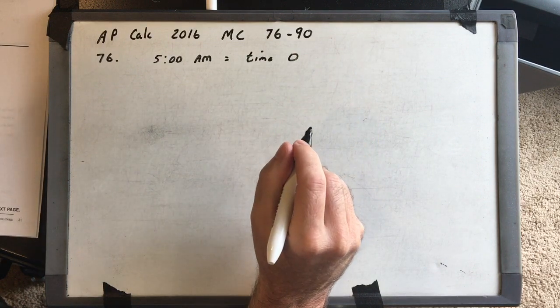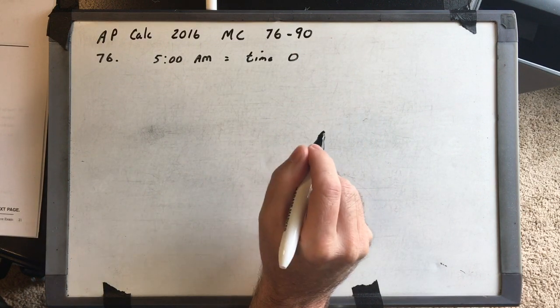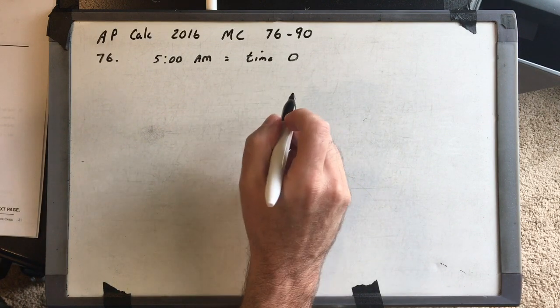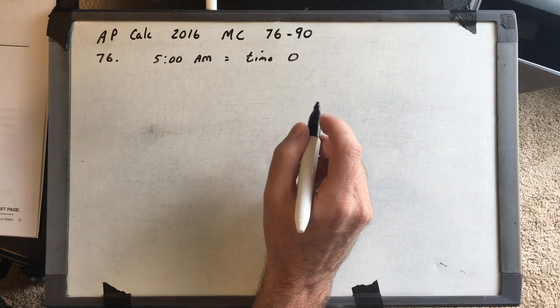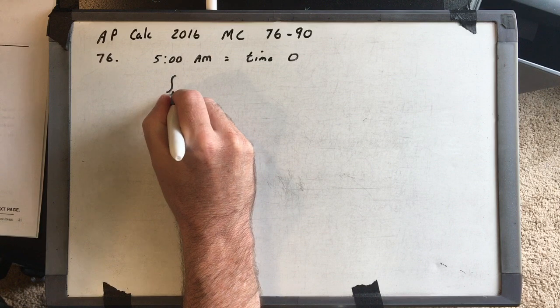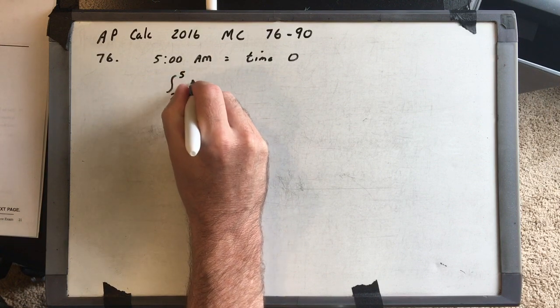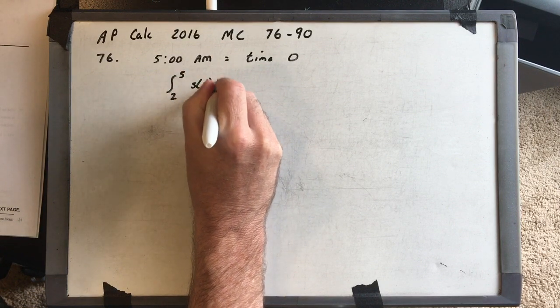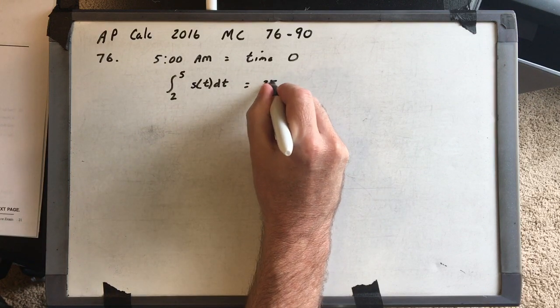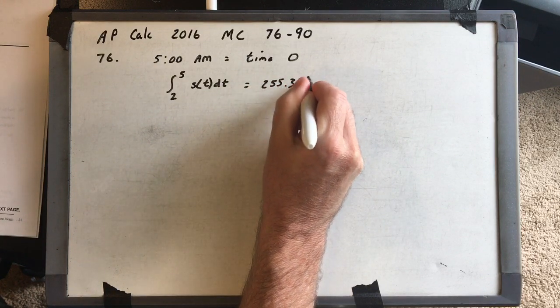Okay, and so it wants to know from 7 to 10. So from hours 2 to hours 5, right? 5 to 7 is 2, and then 5 to 10 would be 5. So if you want to know the total, you'll just integrate from 2 to 5 of S of t dt, which if you put that in your calculator is 255.368.